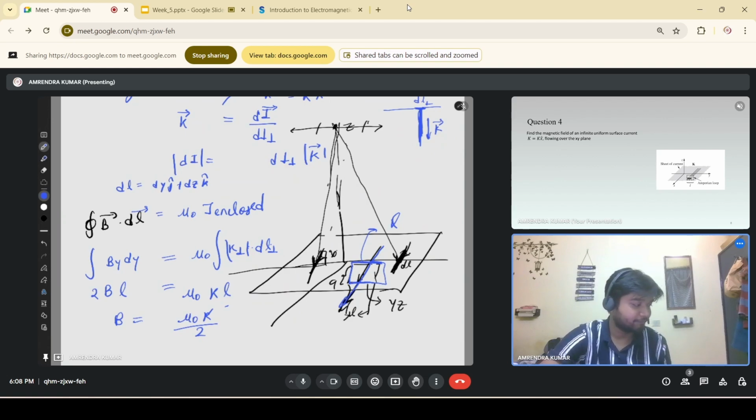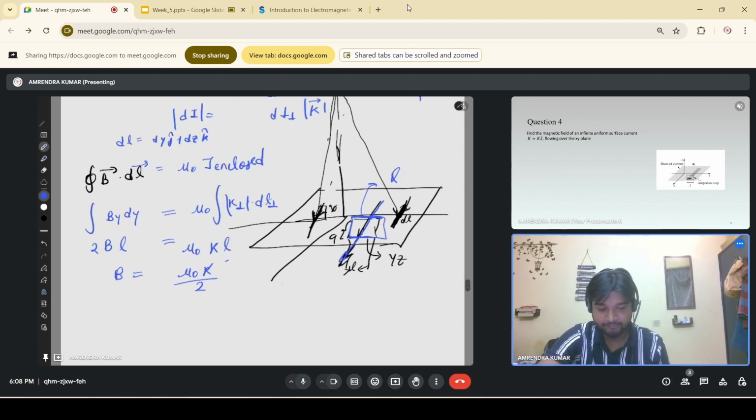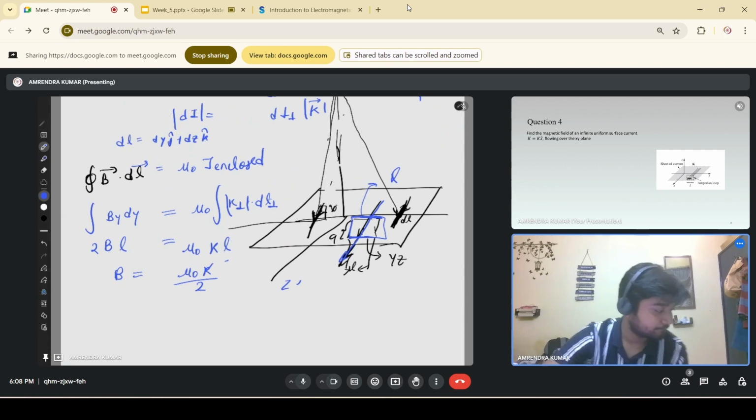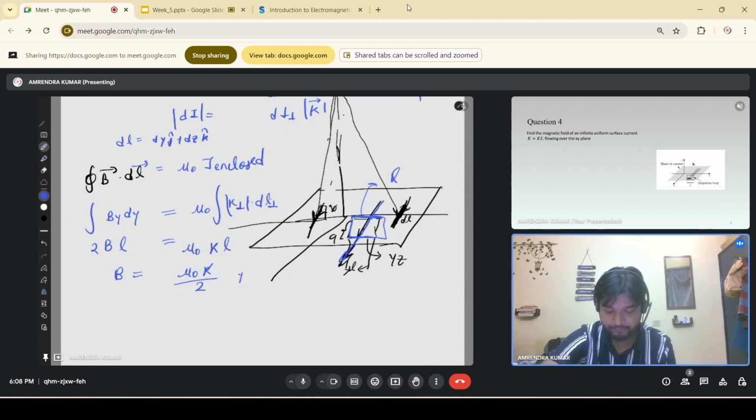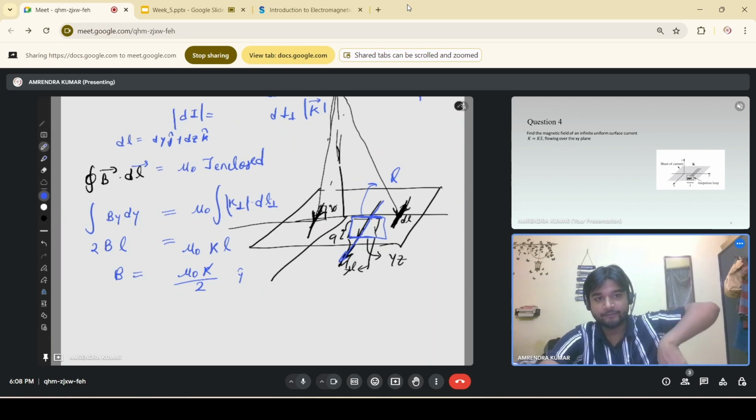For z less than 0, on the top it will be going in, and from the bottom it will be going out.